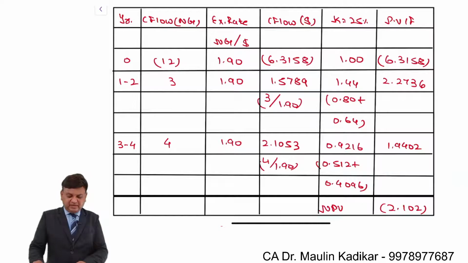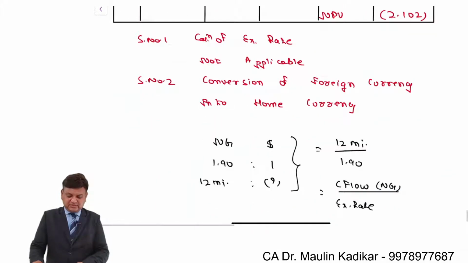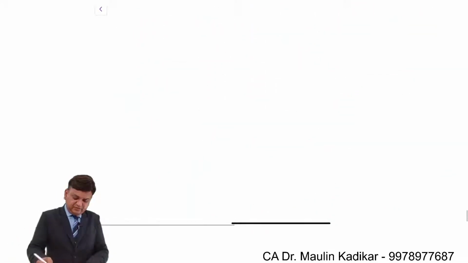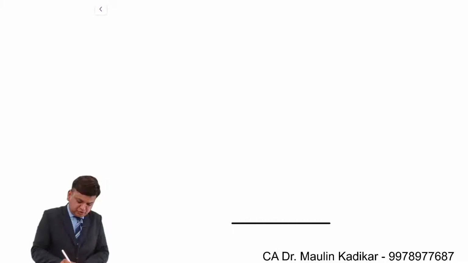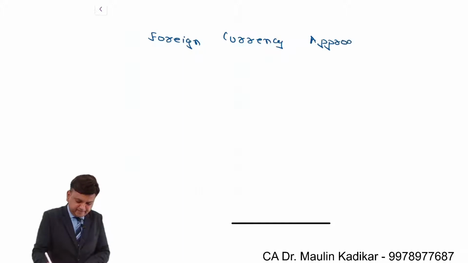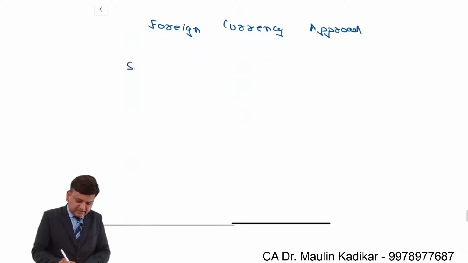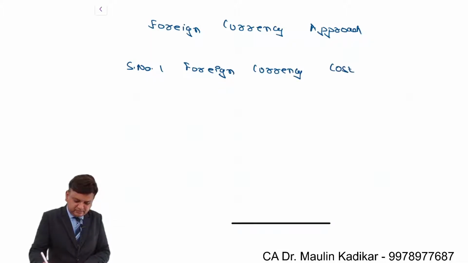So this is the way we can compute the NPV in the home currency term. Now if at all we do the foreign currency approach, let us understand how to answer in case of foreign currency approach. Step number 1, foreign currency cost of capital.